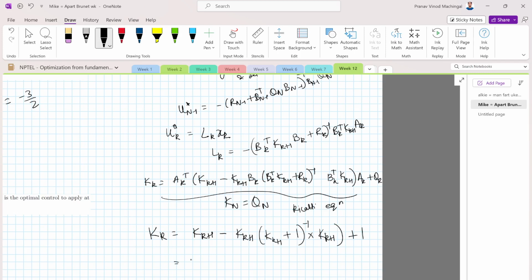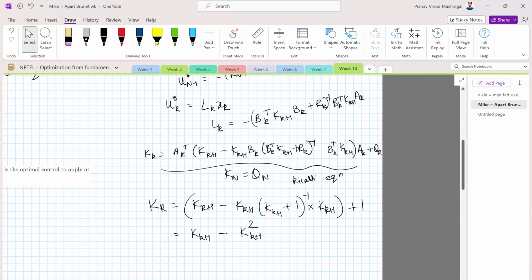So this is equal to k plus 1 minus k plus 1 square, the whole thing over k plus 1 plus 1.